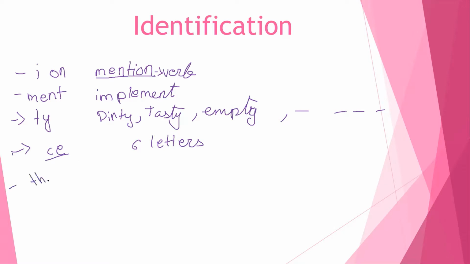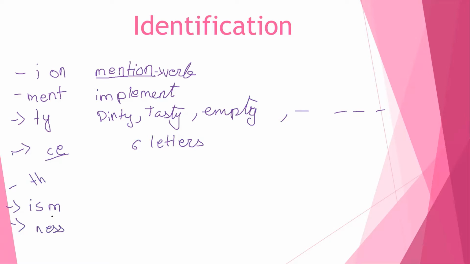Next is TH. There is no exception in this. All the words ending with TH are nouns. Next one is ISM. All the words ending with ISM are nouns. Next one is NESS.